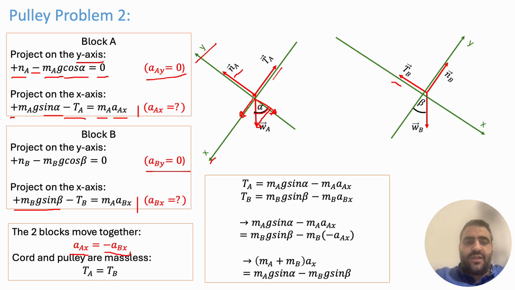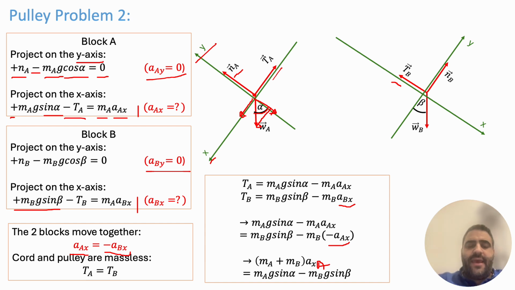From the first equation, I have TA equal to MA G sine alpha minus MA multiplied by AAX, the acceleration of A in the x direction. Same for TB, it's MB G sine beta minus MB ABX. I equate these two, then I replace ABX by minus AAX. I group AAX on the same side, so here we have AAX.